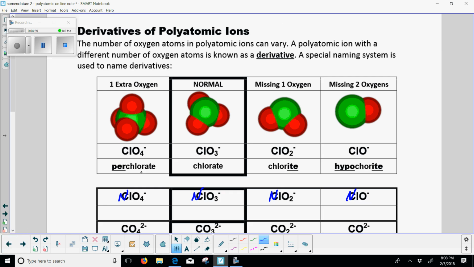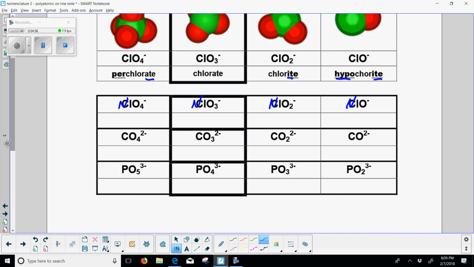Here you have the typical polyatomic for chlorine, so chlorate. An extra oxygen gives you perchlorate. Missing 1 would be the ite, and missing 2 is hypo-ite. So it's a very simple system. What I'd like you to do is complete this table with the appropriate terms for each of these ions.